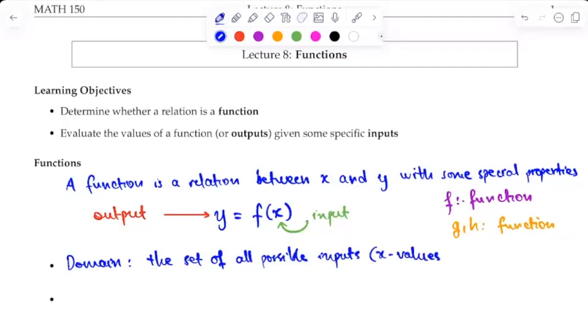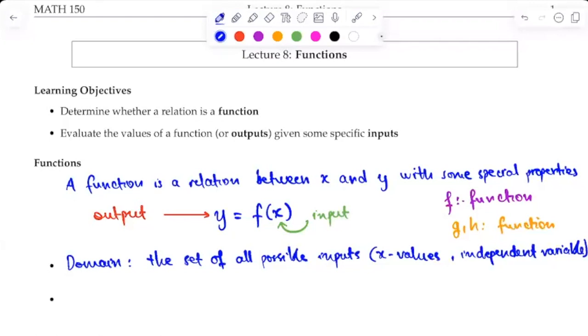And another name for the inputs or x values is the independent variables. So that is for the x value, for the independent variable, for the input.